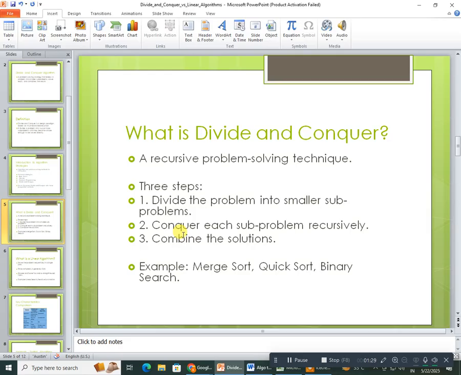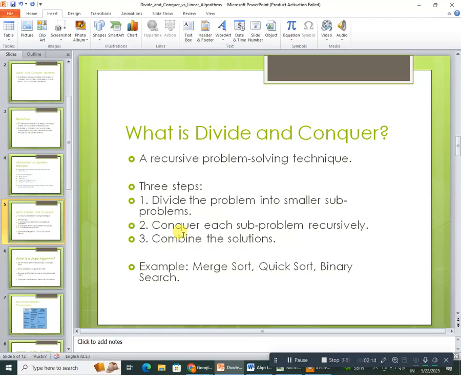So it involves three steps. Divide the problem into smaller sub-problems. Okay, so you are just dividing a large problem into smaller chunks, then conquering each sub-problem recursively. So once you have reached the stage where the problem cannot be divided any further, you are beginning the conquer phase, which is the next phase in the divide and conquer approach, where you combine the solutions of the smaller parts progressively into a single larger part, and you do that in a recursive fashion.